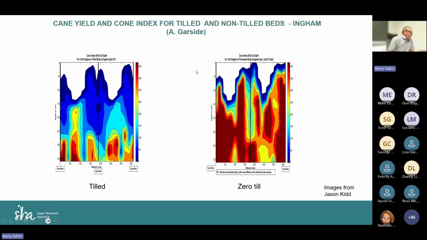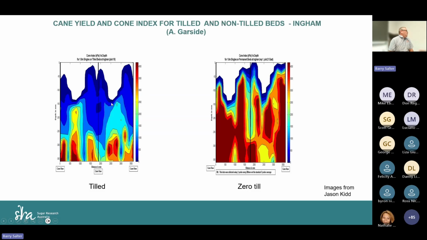Then we looked at some of the indicators of compaction in those systems. This is from the Ingham trial. To explain these figures, soil depth is down the side, going from the soil surface down to about 35 centimetres. And this is the cross-section of the bed. You can see the middle of one bed going down into the interrow, a whole sugarcane bed, the other interrow, and then back up the side of the other bed.